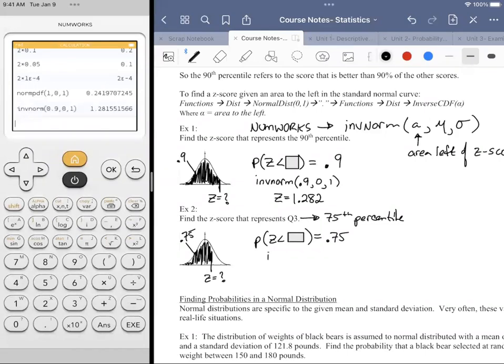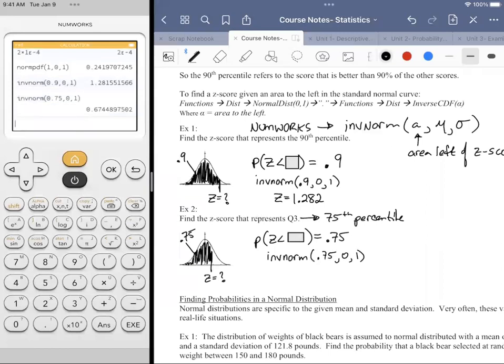So inv_norm 0.75, 0, 1. All right, so same computation, just change that 0.9 to a 0.75. And now we get something somewhat less, about half of the value of the previous answer. So 0.674 approximately. So that number should be closer to 0 because we shaded less of the graph.